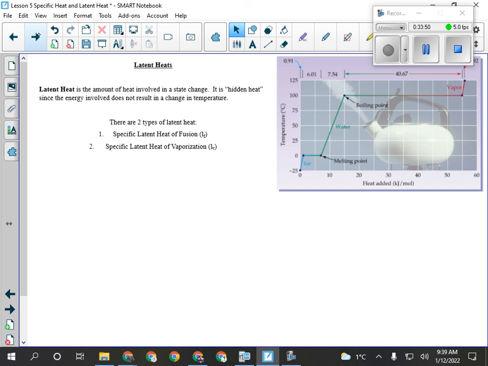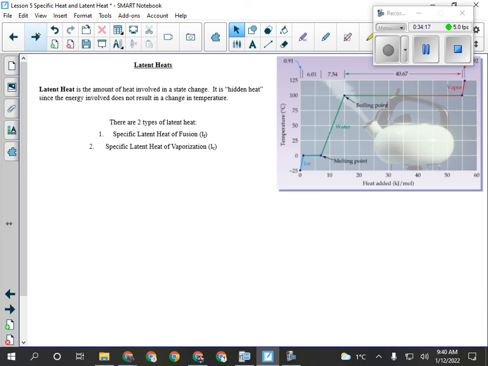When I get that material heated up enough that it gets to its melting point, the particles can't move any faster in their current arrangement. So they move apart. When they move apart, the substance goes from being a solid to being a liquid. During that time, the temperature of the substance doesn't change.